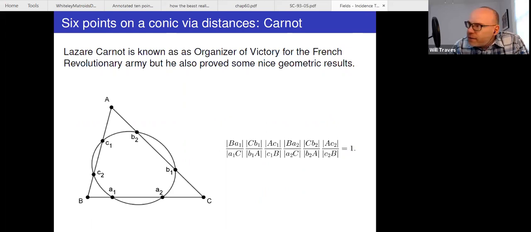Yes. Let me think about that. That's a good question. In a certain sense, yes, you can. There's a 6 by 6 determinant that, if its determinant is 0, tells you when 6 points lie on a conic.